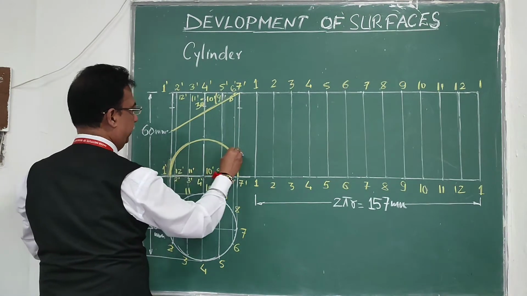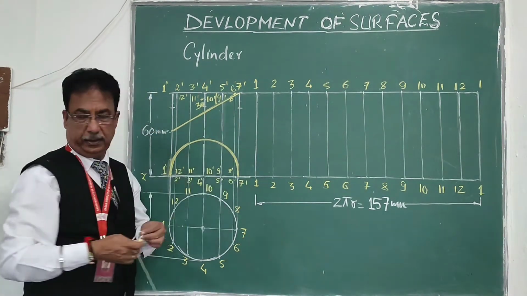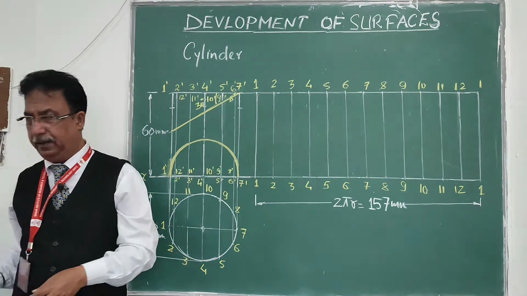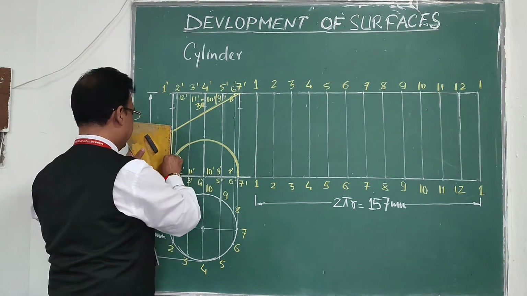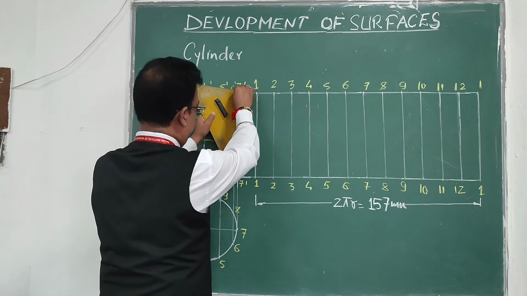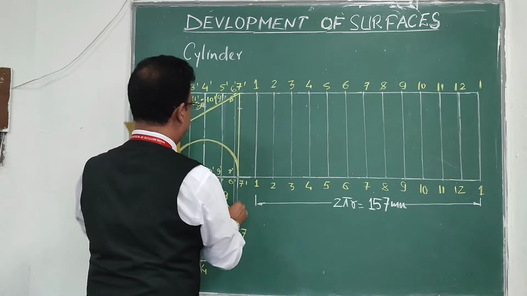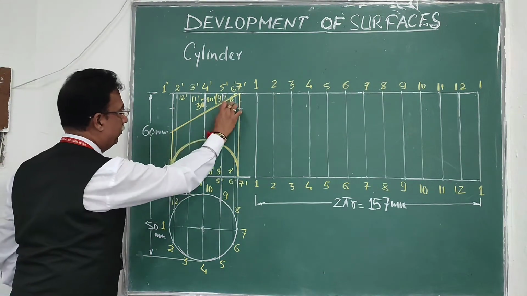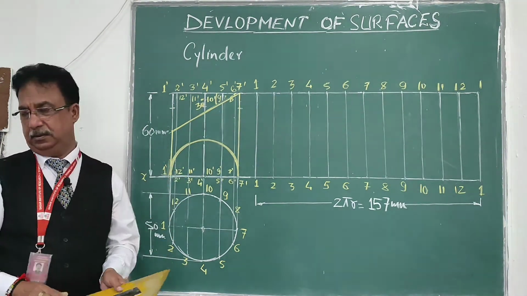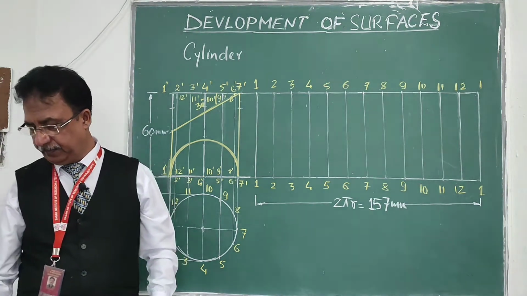So what I have done, upside I have cut it by 30 degree incline angle, and lower side by taking this 4 dash as center and radius equal to the radius of the base, I have cut it like this, and I want to develop this inside part of my given cylinder.